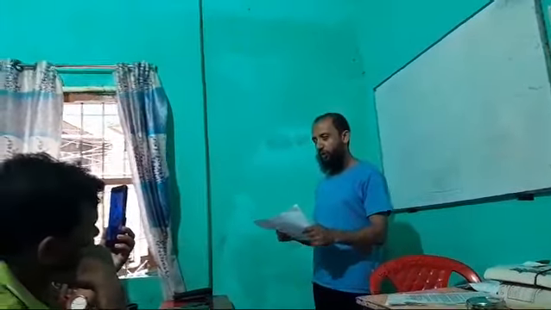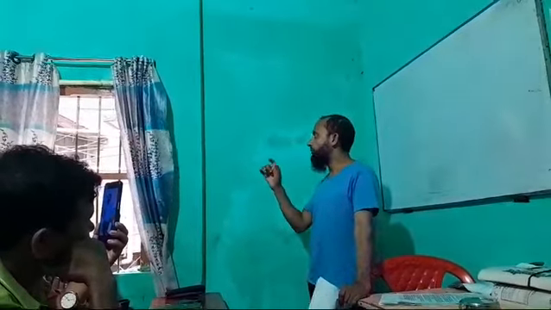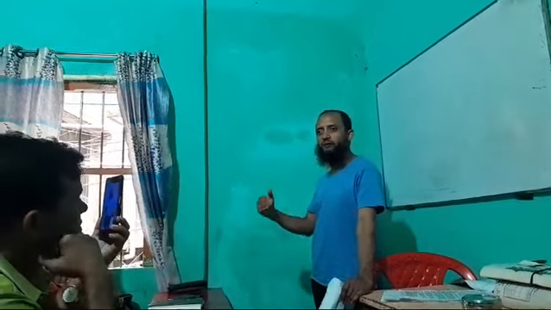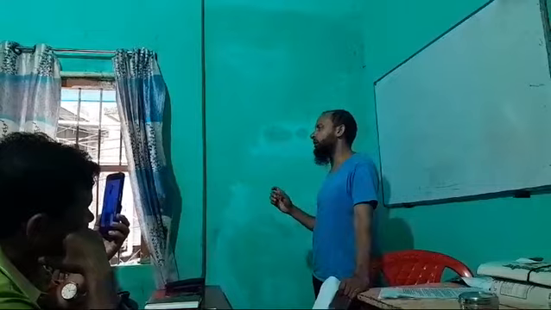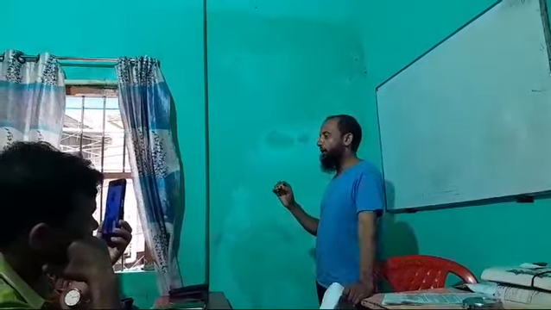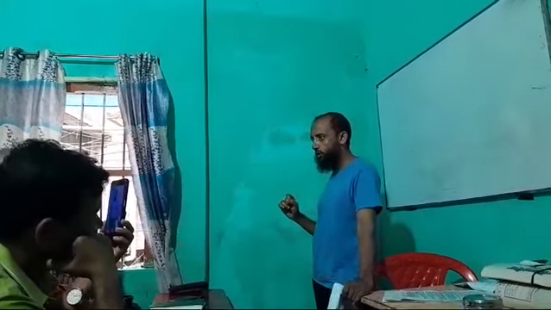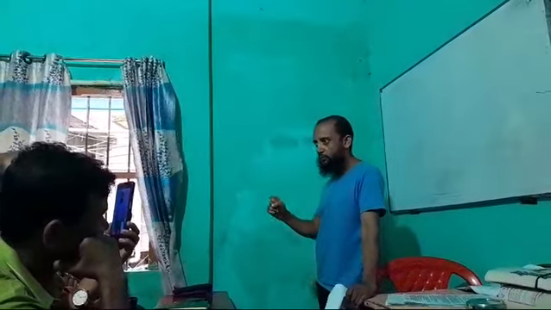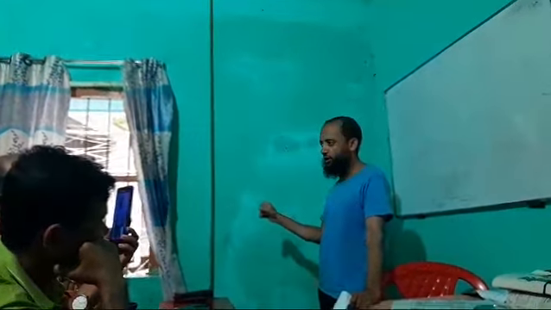Anyway, after that we learned how to file a suit. That is what we have learned today. In filing, at the very outset we have to prepare a plaint. In the plaint, at the top we write the name of the court, and then the plaintiff's name and address, and below that the defendant's name and address.